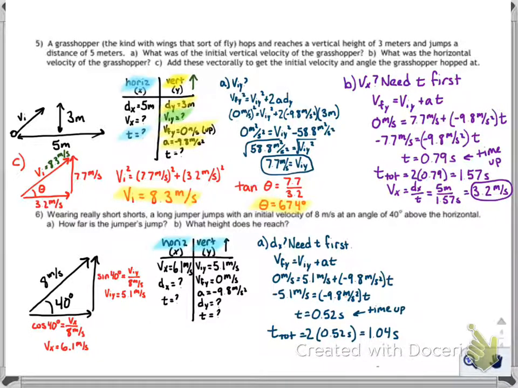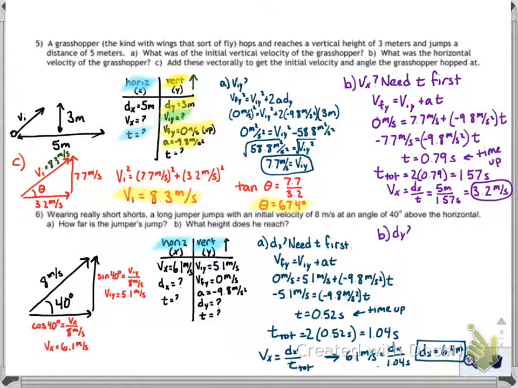So now I've got my time and my velocity in x, so I can solve for distance in x. I set up my horizontal equation, vx equals dx over t, and I solve for my distance in x. It's 6.4 meters. Now on to part B.